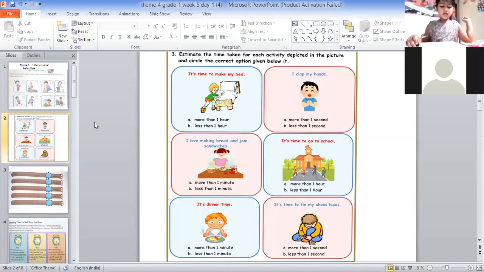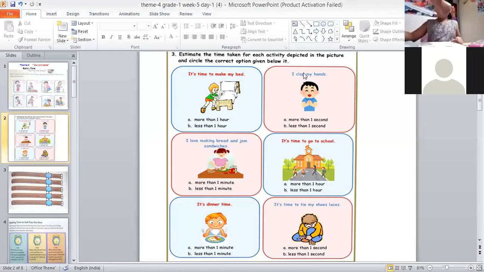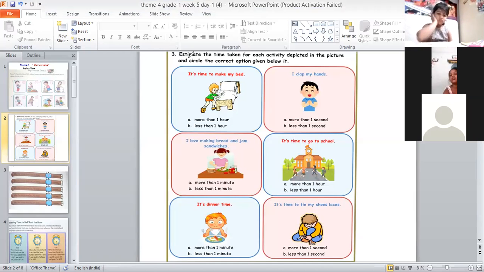It's dinner time. Okay, so tell me, when you are having your dinner, does it take more than 1 minute or less than 1 minute, whether it's dinner, lunch, or breakfast? Less than 1 minute. No. Whenever you are having your breakfast, lunch, or dinner, you have them slowly.